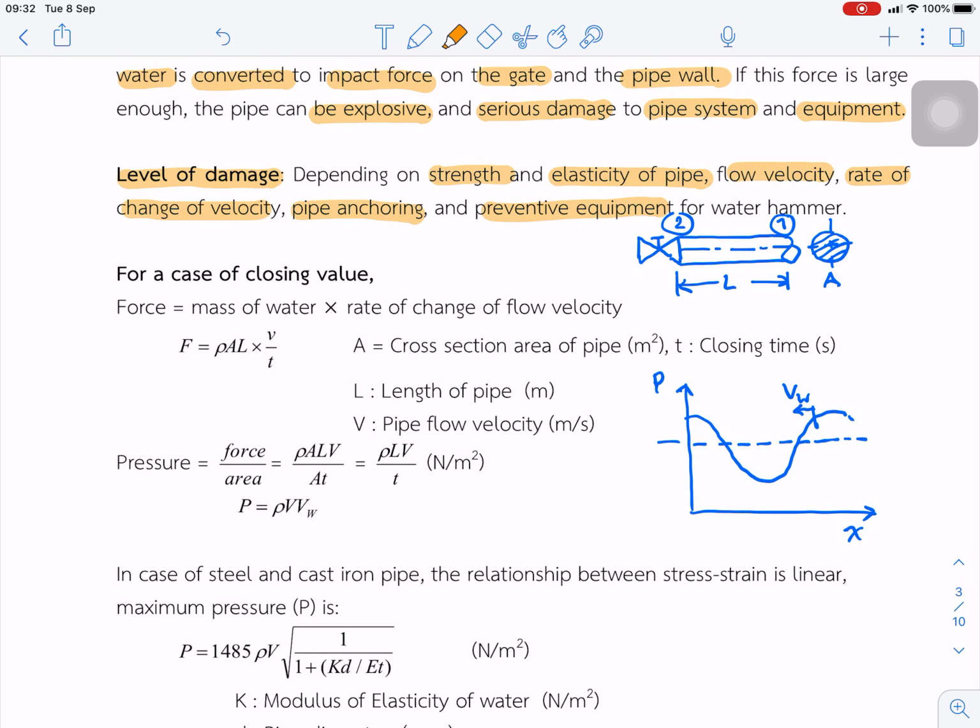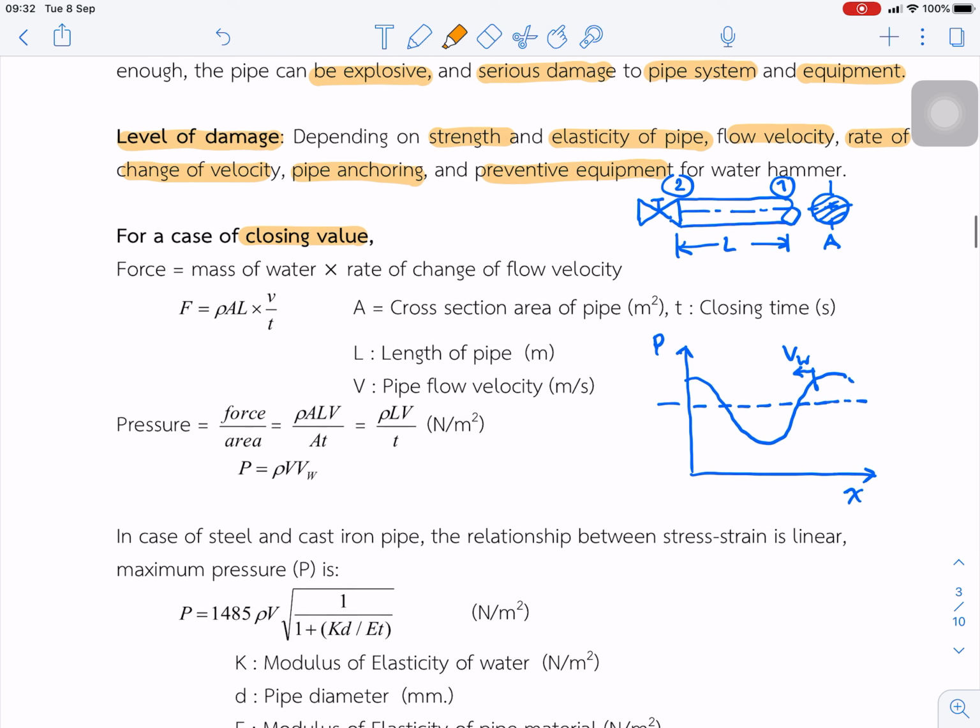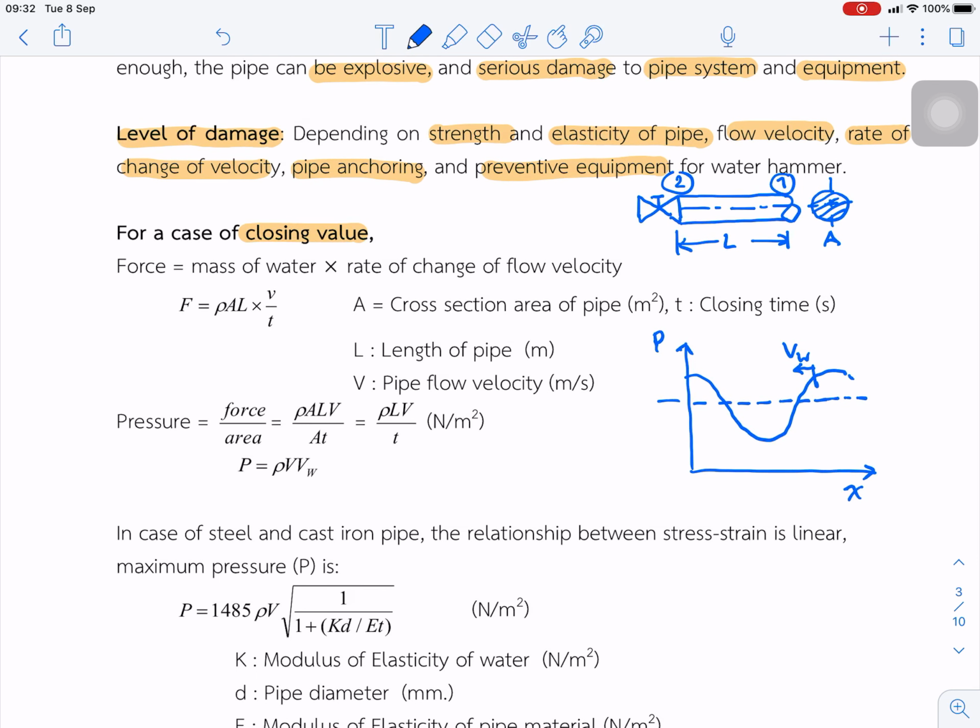In the case of the single pipe, we start to develop the equation for water hammer. Actually, we can start from Newton's law: force is mass times acceleration, which is the change from v1 to v2 divided by delta t.